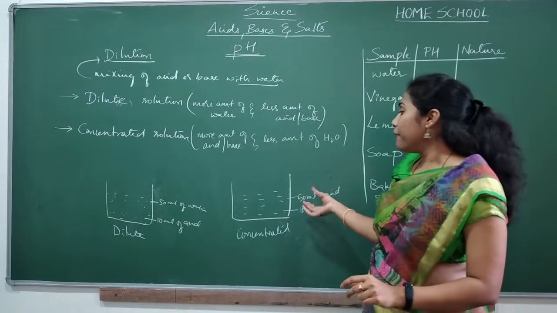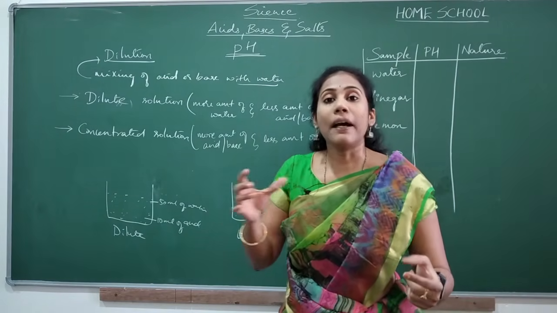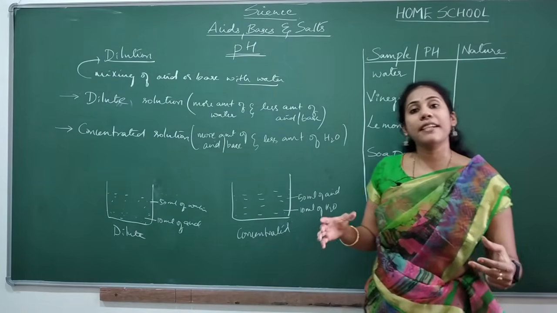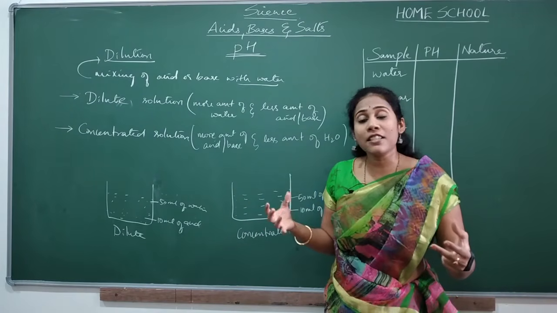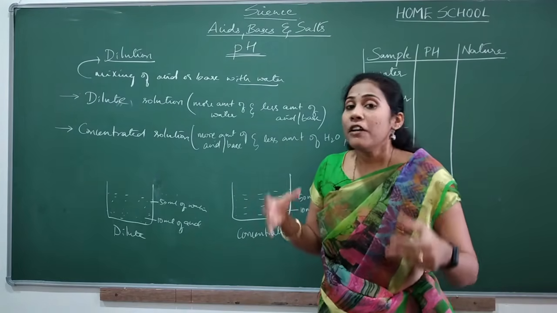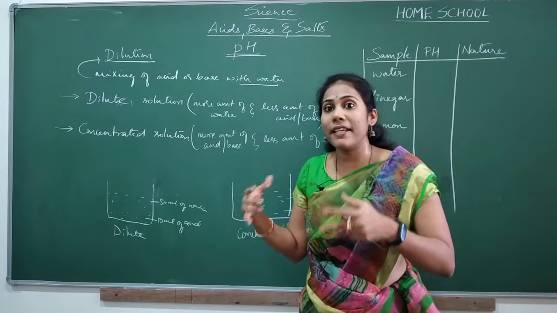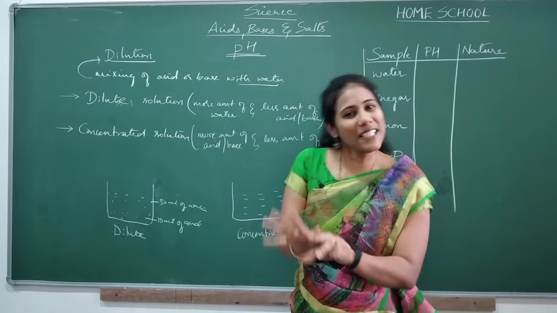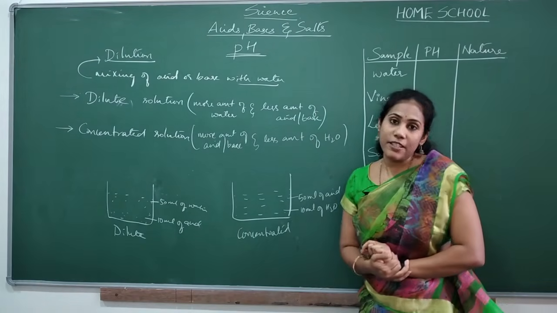In case the acid or base amount is very much higher compared to the amount of water, then such a solution, concentrated means what? More powerful, more strong. When does the solution become more strong? Whenever your chemical is more, it may be acid or base. If you take it in more amount, and you add very little water, such a solution we will call a concentrated solution.